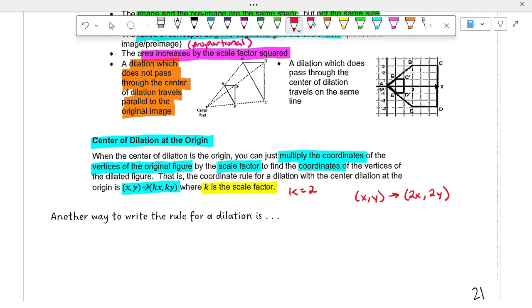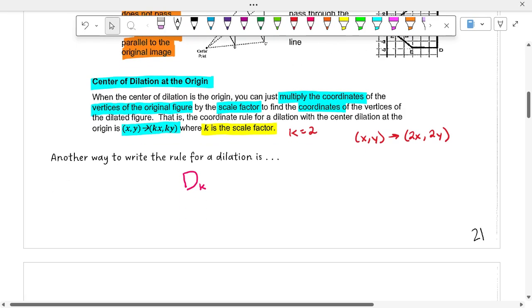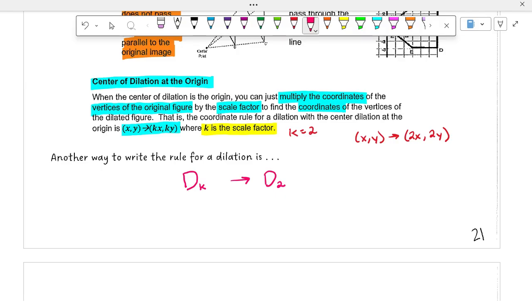Now, another way you can write a dilation, the function rule, is a capital D, and then the scale factor will be in the subscript, a little number. So for example, if k was 2, we would write it as D2. Capital D means dilation, and the little number in the subscript is your scale factor. Any questions so far?